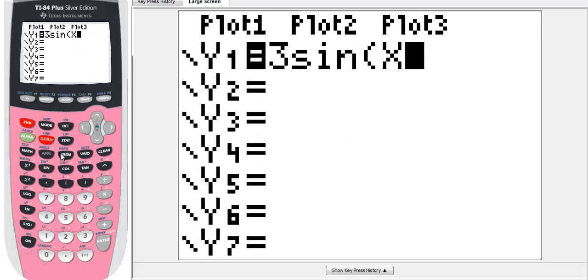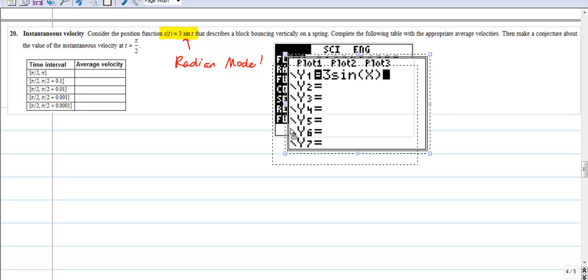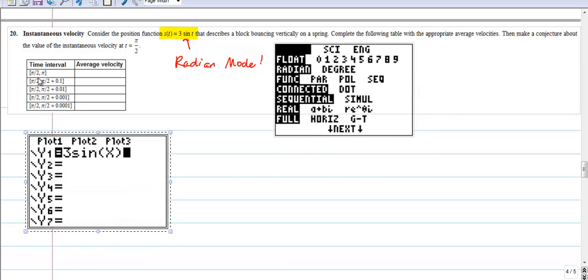3 sine of x. Now, again, notice here we have pi over 2, comma pi, and then pi over 2 plus 0.01, pi over 2 plus 0.001.